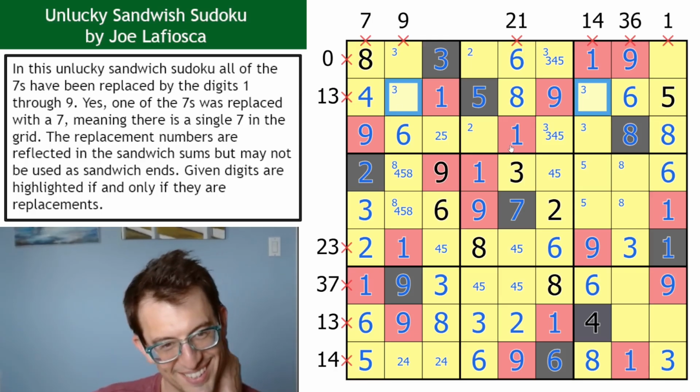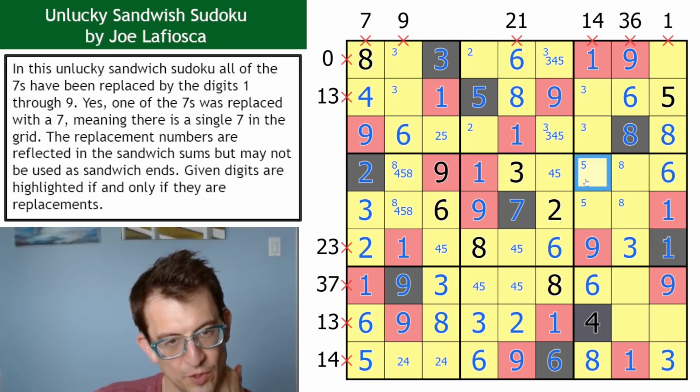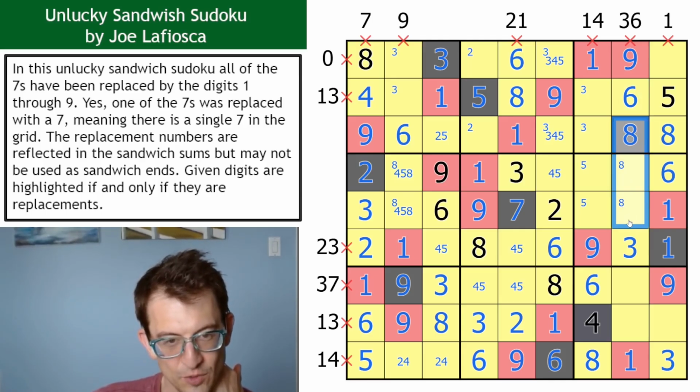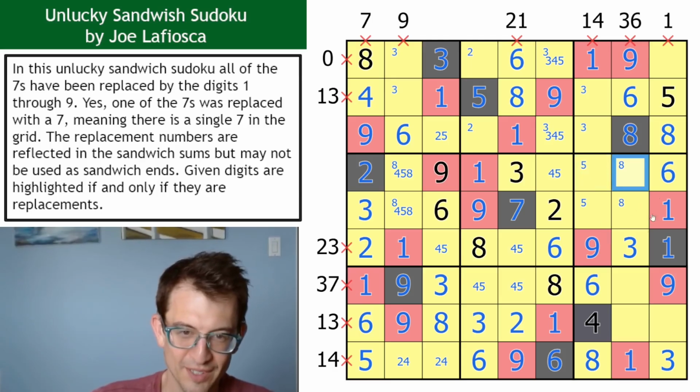That doesn't help me either. That's 7. 2, 4, 5, 8. This can be 8. That's a fake 8. 2, 4, 5, 8. Huh. Okay, what? I'm missing something. How about this one? 5, 3. This is 2 or 4. Here we go. That's 4.